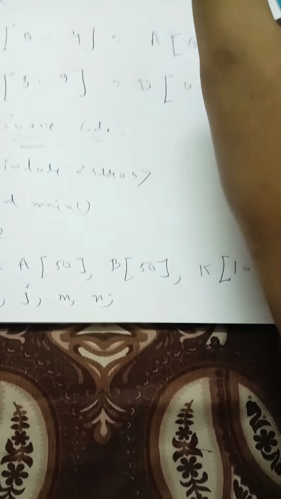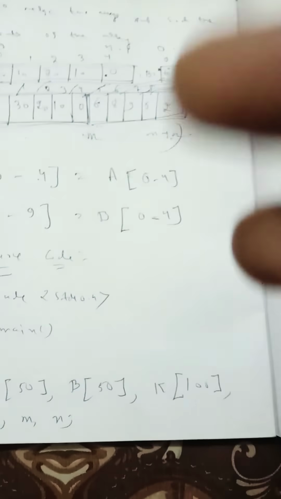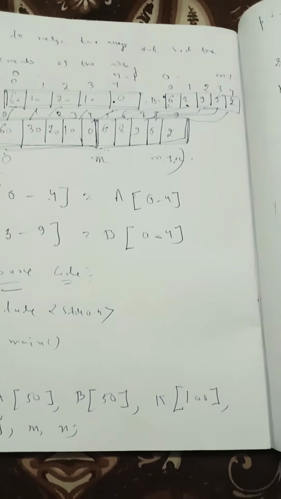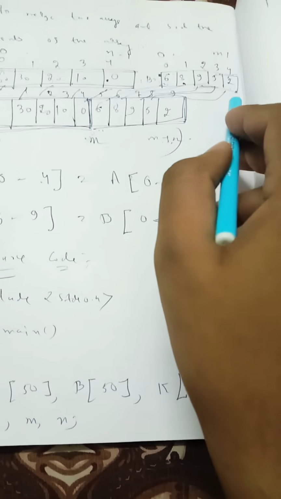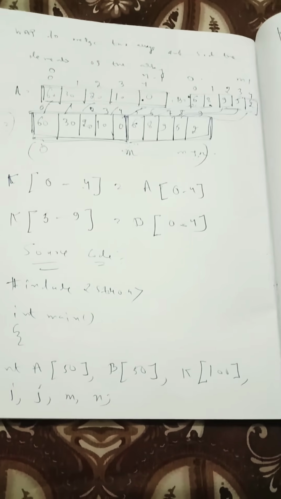So from 0 to m minus 1, every value has been put from m to m plus n in this array k.